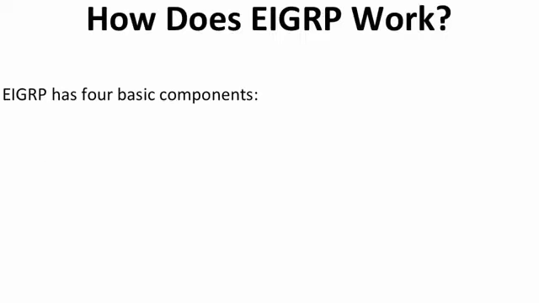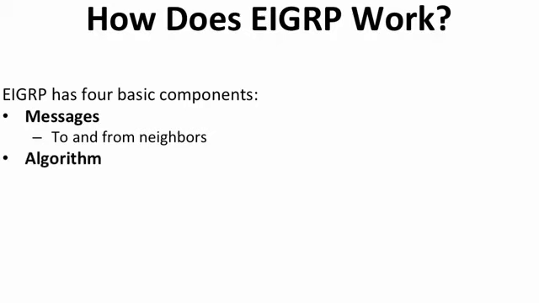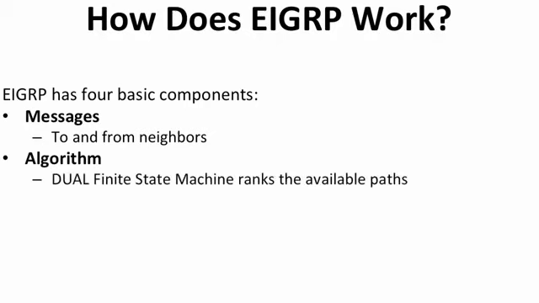EIGRP has 4 basic components, and these should already start looking familiar to you. It has messages, so messages flow to and from neighbors, EIGRP neighbors. There's 5 different types. We'll dig into that in a little bit. EIGRP has the DUAL algorithm. The DUAL algorithm takes the information from those messages and then processes best path and possible best path.